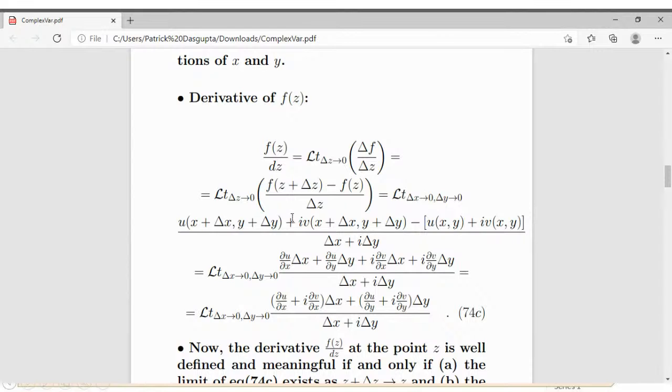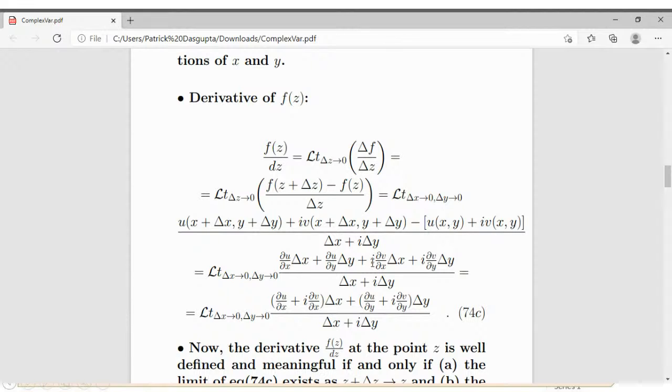And doing a Taylor expansion of both u and v around x and retaining first order terms in delta x and delta y, we find that u of x plus delta x comma y plus delta y minus u of x y is simply partial derivative of u with respect to x into delta x plus partial derivative of u with respect to y into delta y, plus the iota, the imaginary part sitting in front of v.